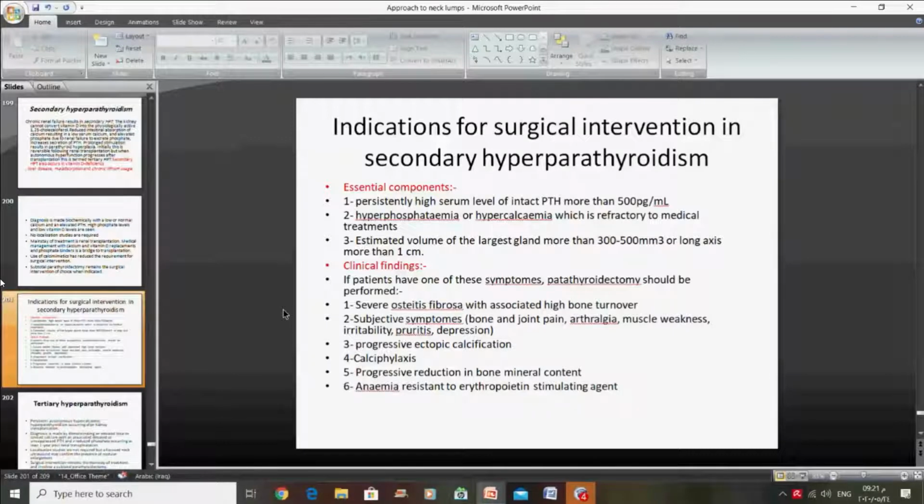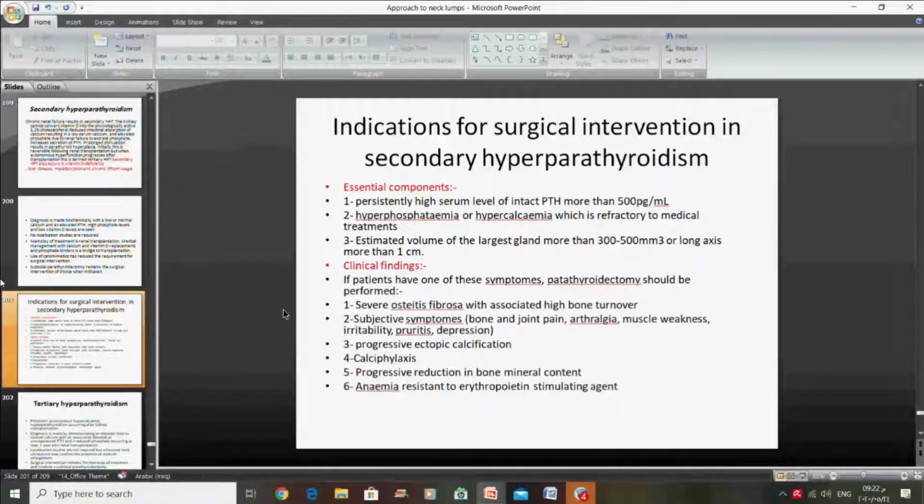Indications of surgical intervention in secondary hyperparathyroidism. Essential component: persistent high serum level of intact parathyroid hormone, hyperphosphatemia and hypercalcemia refractory to the medical treatment, estimated volume of the largest gland more than 350 cubic millimeter or long axis more than 1 cm, or depending on the clinical finding.